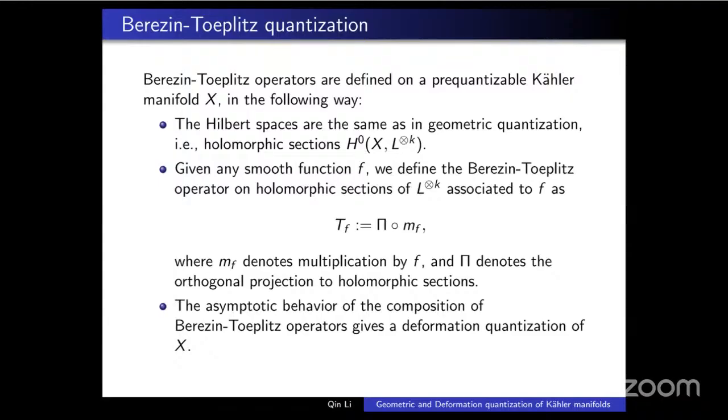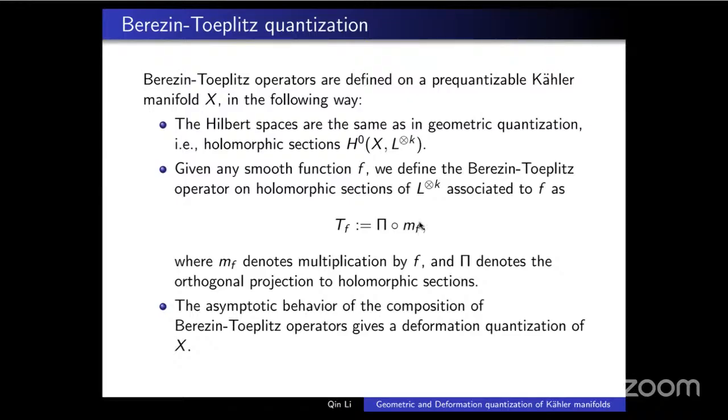So one solution is the following analytic definition of Berezin-Toeplitz quantization. These are defined on a pre-quantizable Kähler manifold X in the following way. The Hilbert space is the same as before, namely the space of holomorphic sections of L to the tensor power K. Then, given any smooth function, there is a recipe defining the Berezin-Toeplitz operators, by this simple formula.